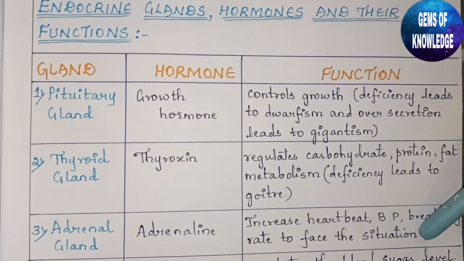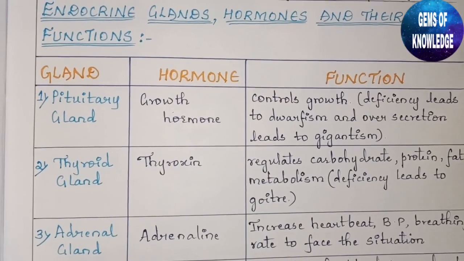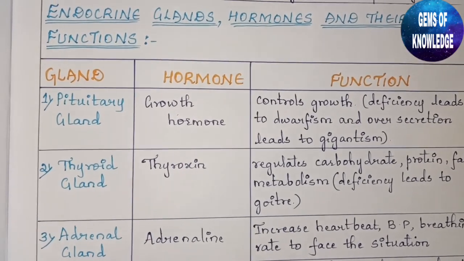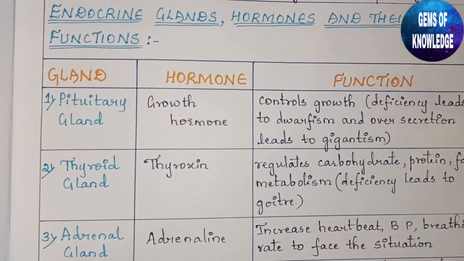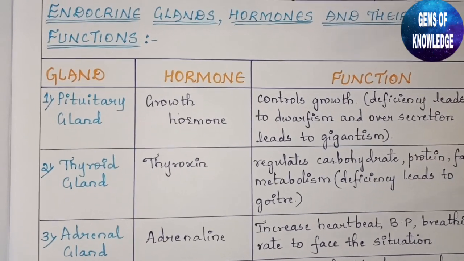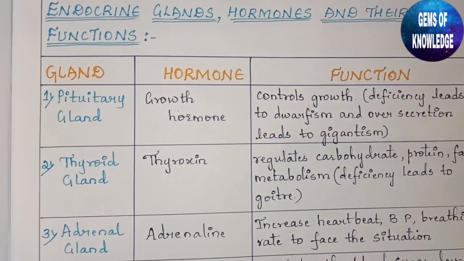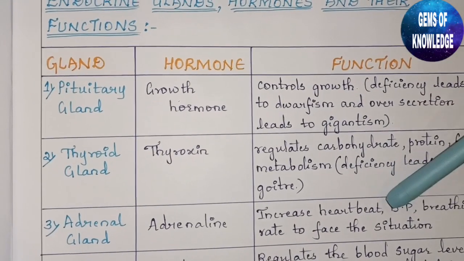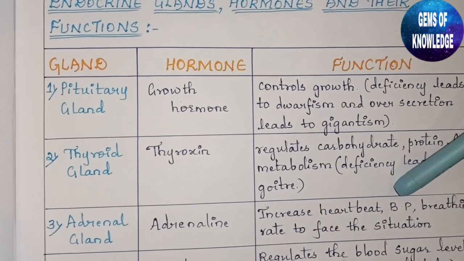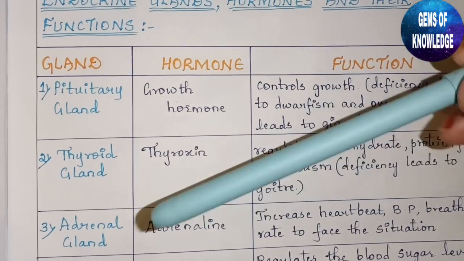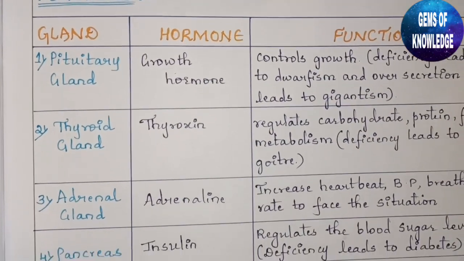You might have seen that whenever there is a situation where you are scared, you may touch your heart and feel that your heartbeat is increasing. Sometimes there is fluctuation in your blood pressure also. That condition is due to the adrenaline hormone, which is secreted by the adrenal gland.